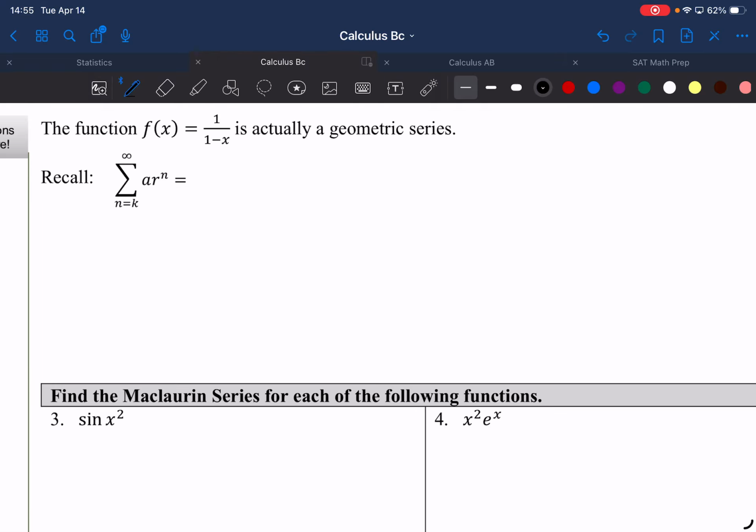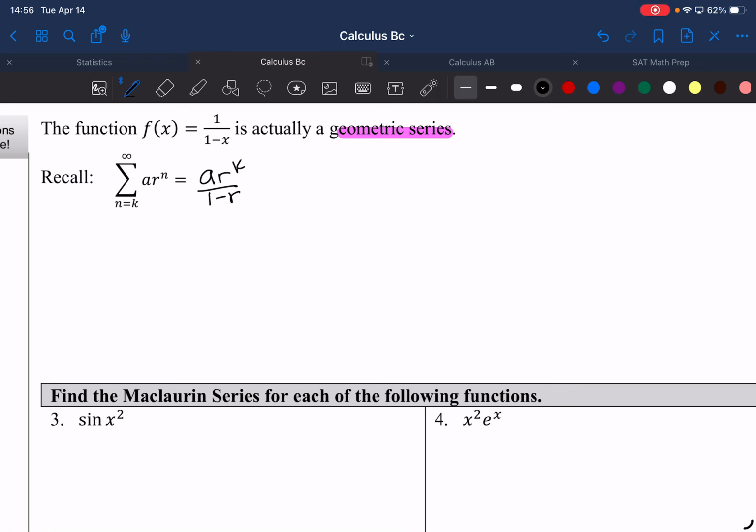Okay, since we're doing a Maclaurin series, we know that we're going to be plugging in 0. So this is going to become the summation of n equals 0 to infinity of a r to the n power, which if we plug in 0 for k, right here, n is going to 0, this is going to become, using that definition, just a over 1 minus r.